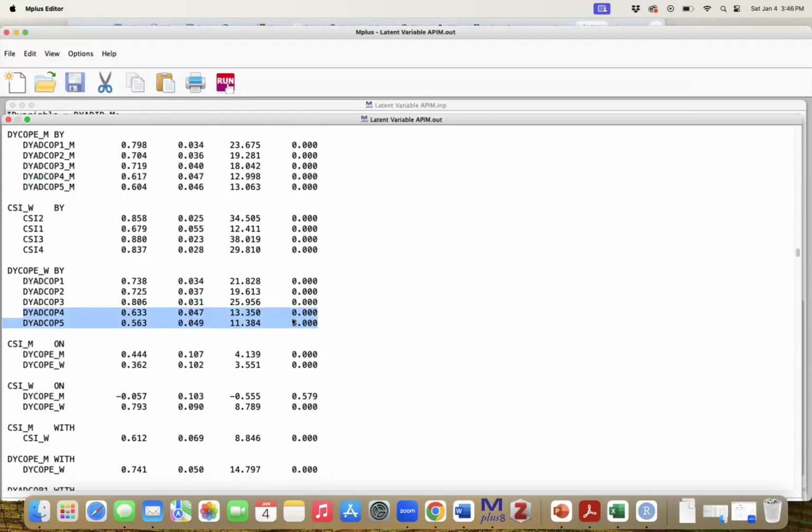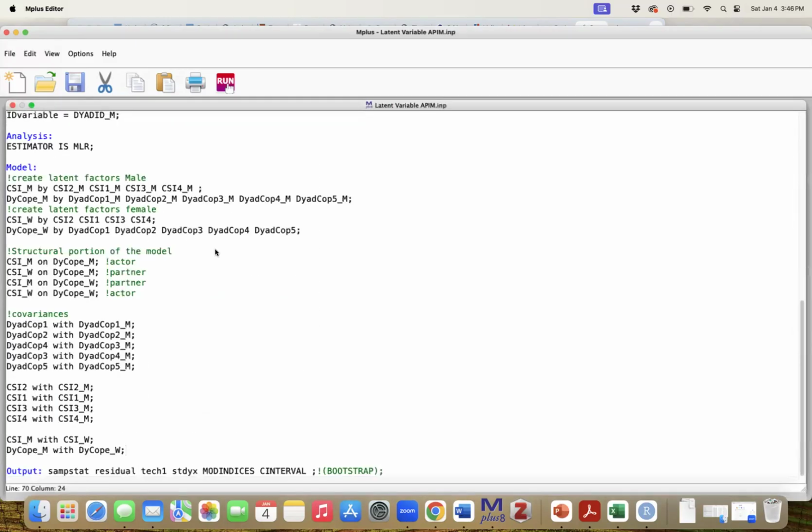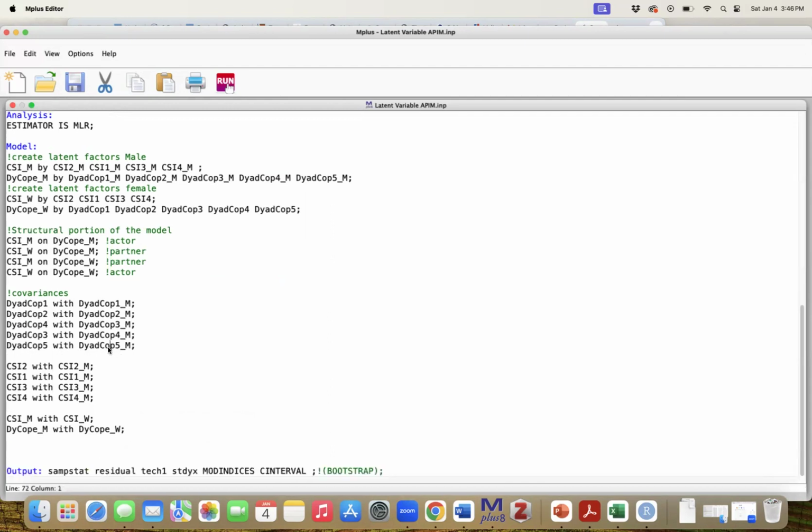So we have a couple of options here now that we've identified a potential area that's problematic. We'll do one thing first, and we'll kind of see how it goes. Let's correlate the residuals of dyadic coping 4 and 5. All right. So we're going to do that only within a dyad member. So I'm only going to correlate men with men and women with women.